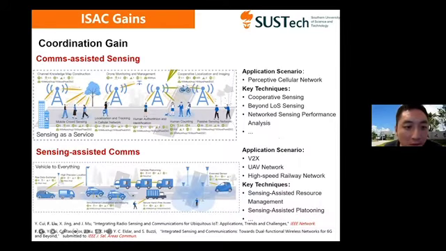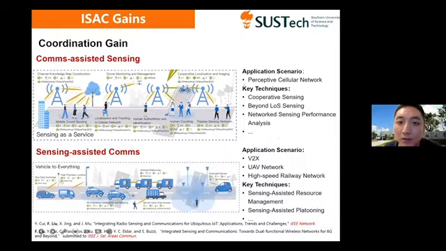In this scenario, we call it sensing as a service. This is actually a vision for B5G or 6G networks, which we call the perceptive cellular network, where the whole wireless network will become a large sensor network.